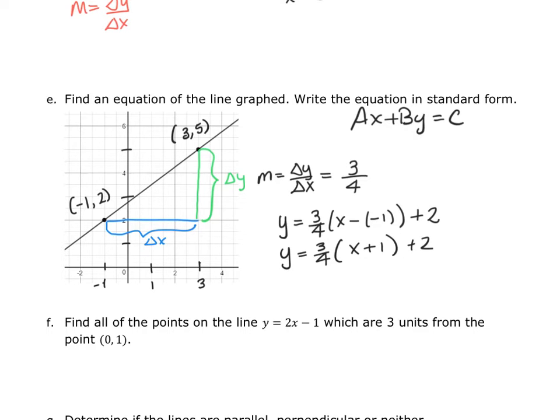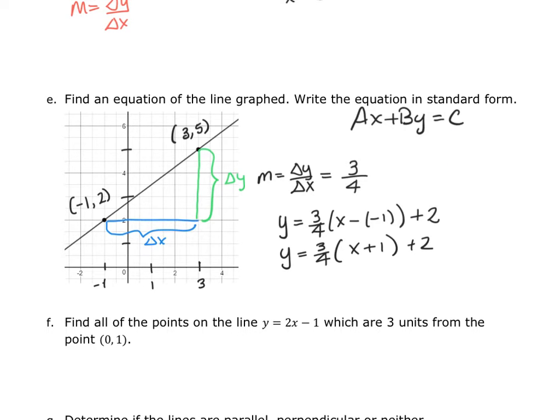Now, typically in standard form, if we can avoid fractions, we try to avoid fractions on the a, b, and c. So if we're asked to avoid the fractions in a, b, and c, what I'm going to do is multiply everything by 4, so I don't have to worry about any fractions, because typically in standard form, a, b, and c are integer numbers.